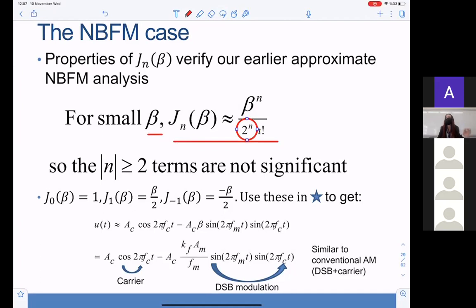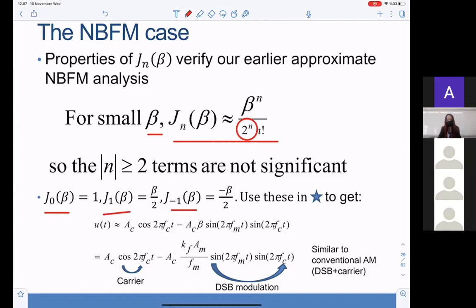So only the first few terms are significant, say n equals 0, n equals 1, n equals minus 1. So second or higher order terms will be negligible. And therefore, we can focus on J0, J1, and J minus 1.